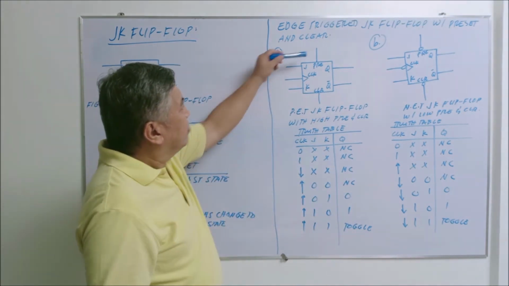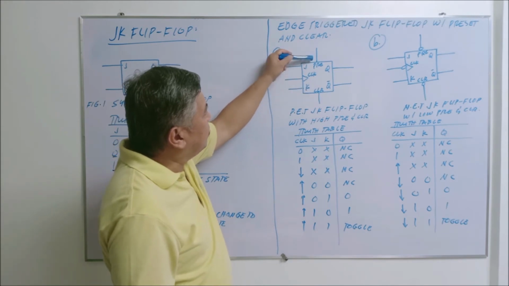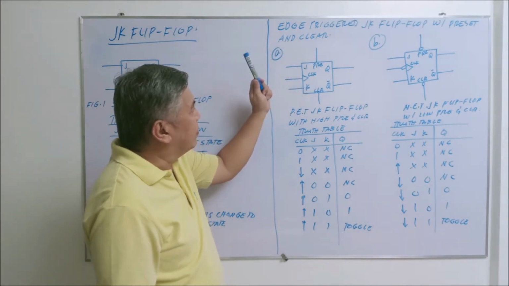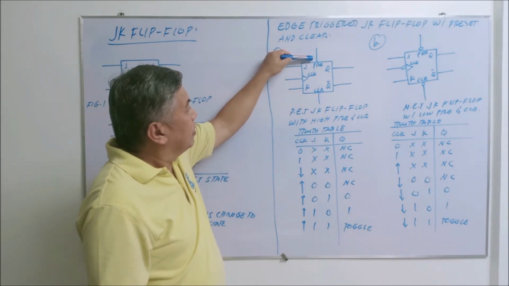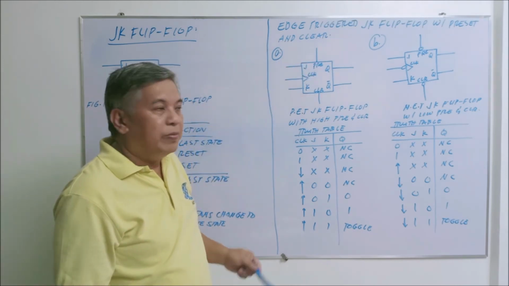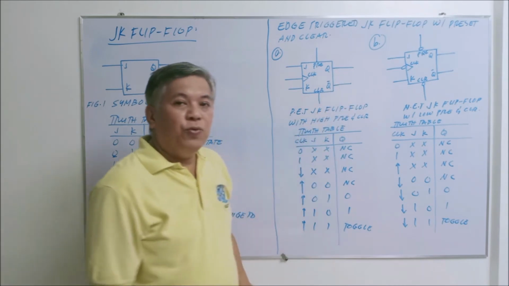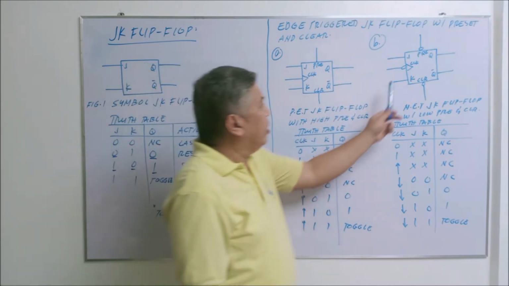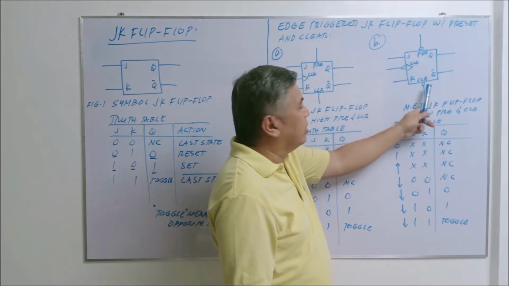Okay? Now, the preset and clear here, if it is high, then that means that preset will have a value of 1. So if we will use preset, that means that our initial Q will be equal to 1. However, if we will use clear, our initial Q will be 0. In the same way, in this particular case, you have low preset and clear.